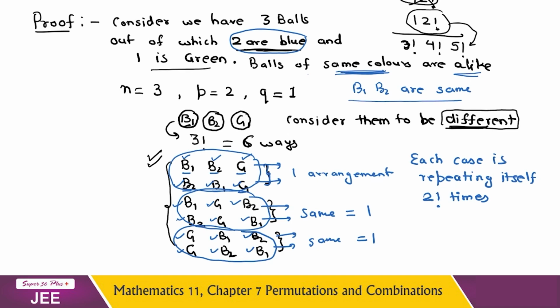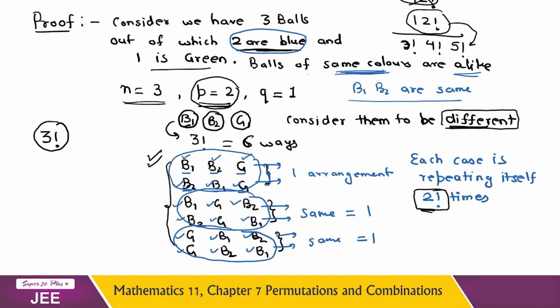And now we can ponder over how this 2 factorial is occurring. Why is this 2 factorial occurring? Because out of these 3 objects, 2 are of the same kind. That is why each case is repeating itself 2 factorial times. So when the things were distinct, our answer was 3 factorial. But when, out of 3, 2 are the same, this is not the correct answer.